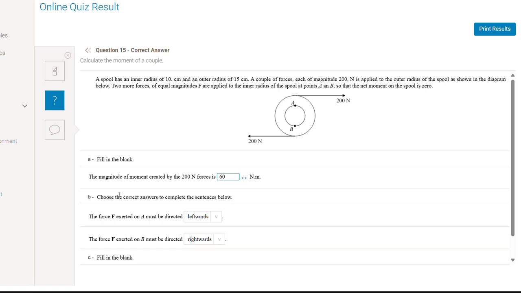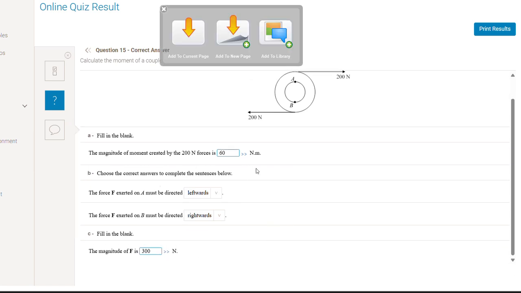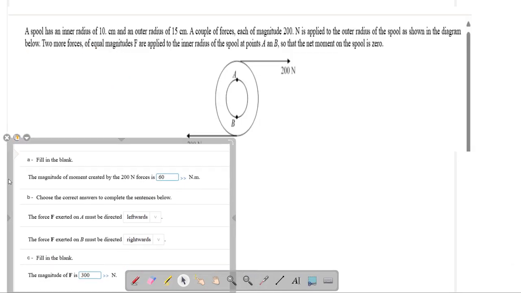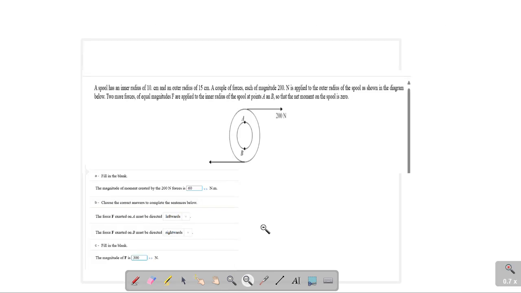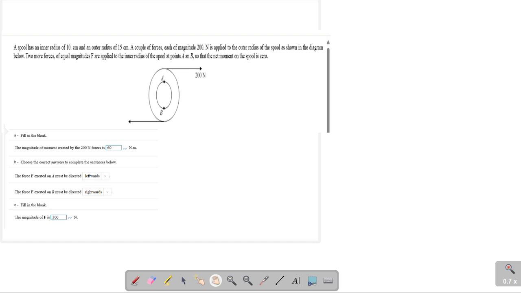Now we take this part of the question and add to current page. Okay, great. So, okay, let's start.